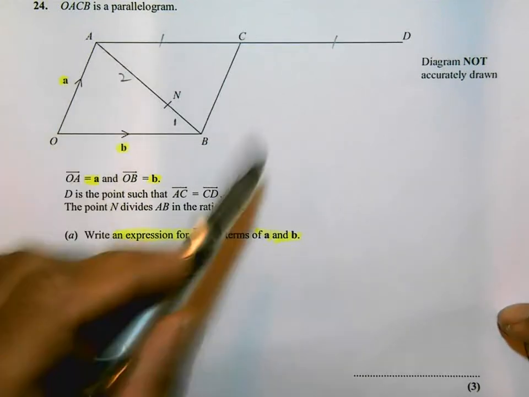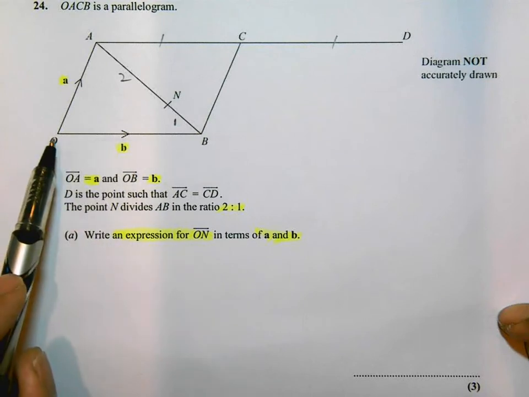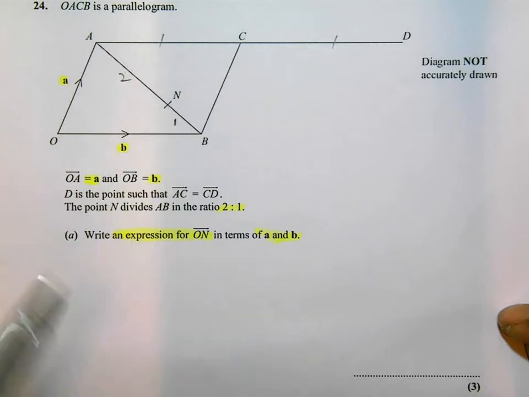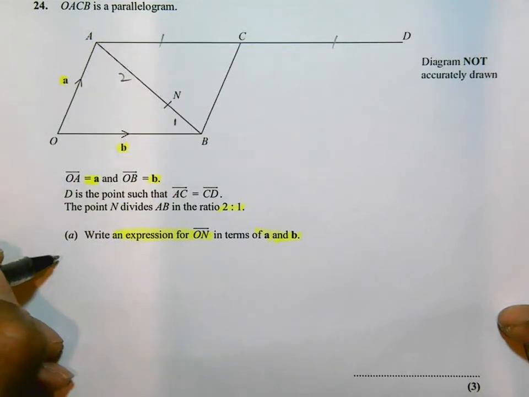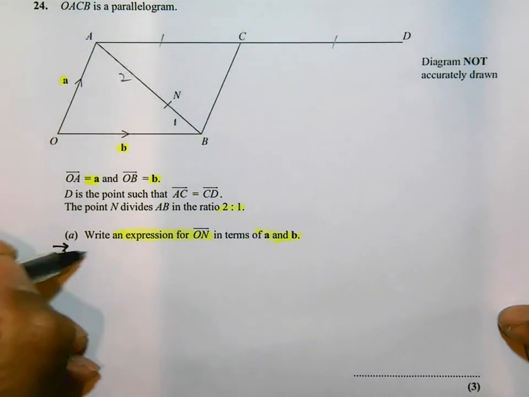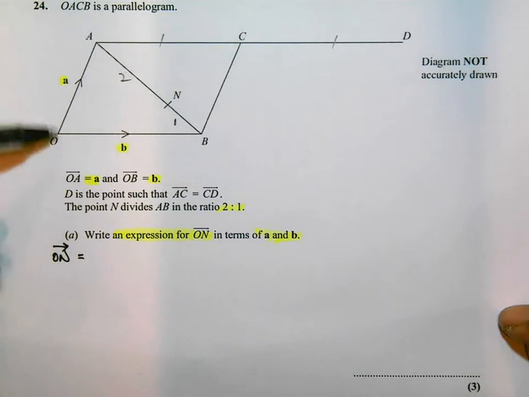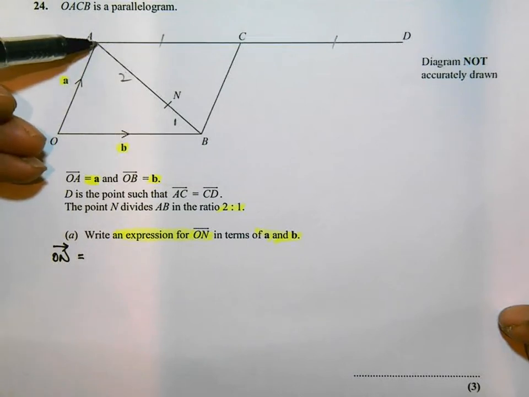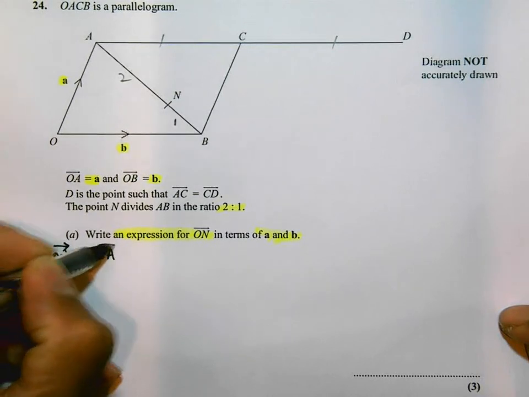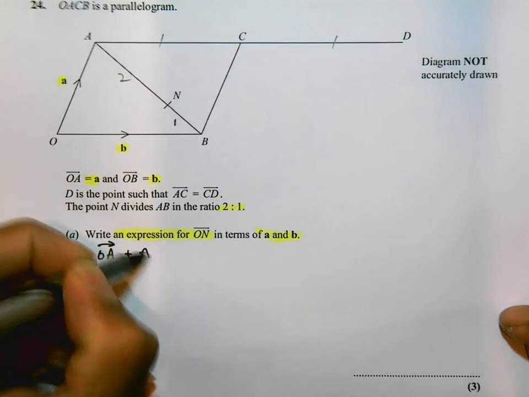So I want to work out how to get from O to N. I need to get from O to N, and which part of those lines am I going to follow? So to get from O to N, that vector, I need to travel from O to A, and then from A to N.